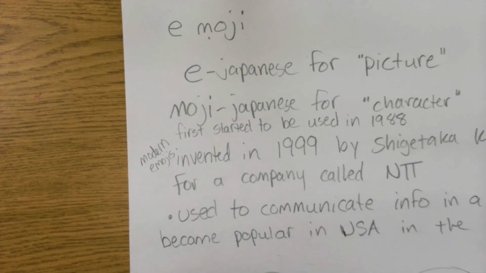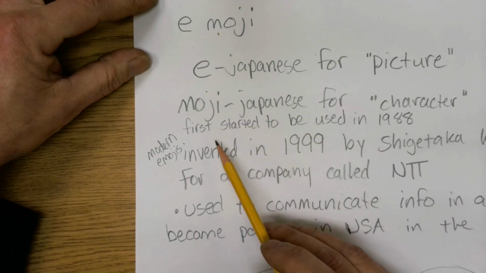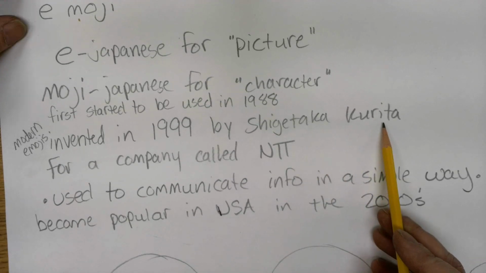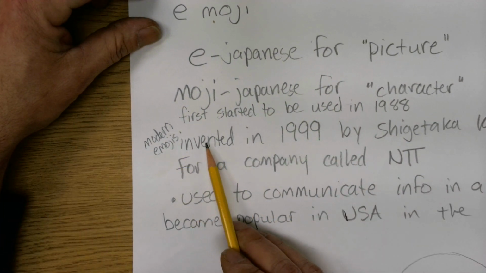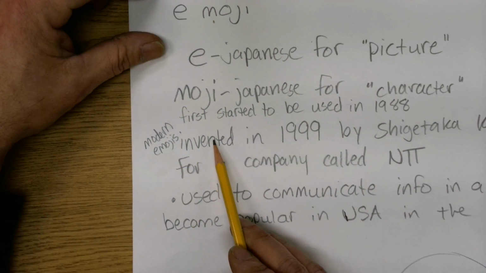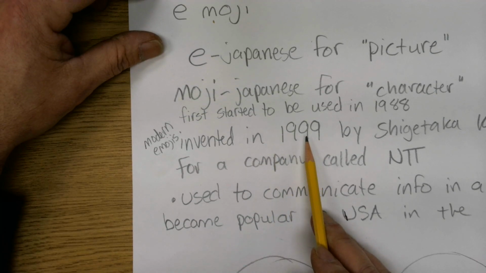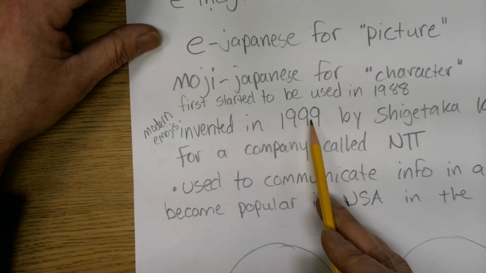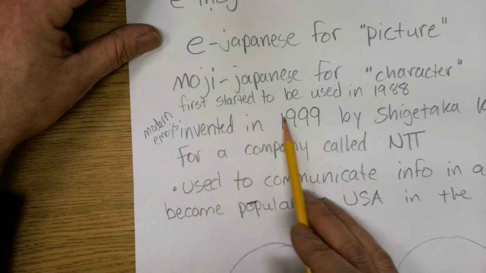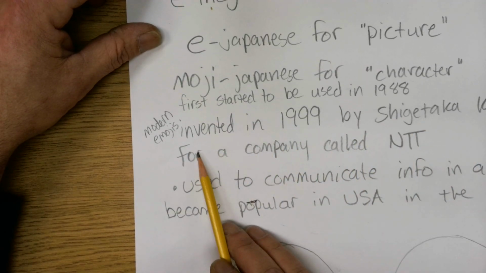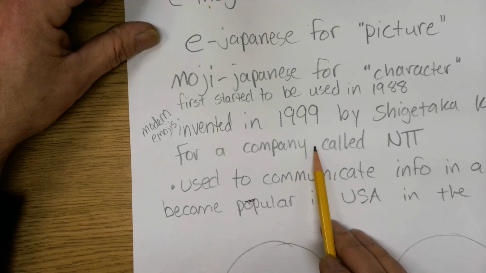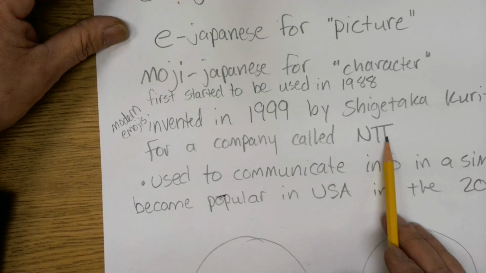Fast forward about 10 years, and this guy, Shigetaka Kurita, developed the first modern emojis as we see them today. Now, they've been changed over the years, and they're a little more refined and prettier, but this is when they really started being used on mobile applications like phones for a company called NTT.